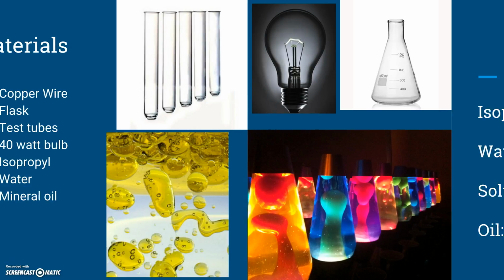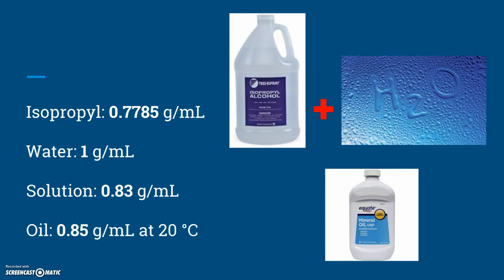Now we're going to get into the process of how we went through our experiments and observations. To begin with, we found that density was very important for this experiment. Isopropyl is at 0.78 grams per milliliter, and water is at the common 1 gram per milliliter.